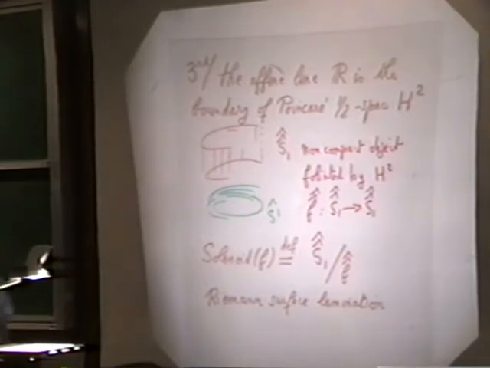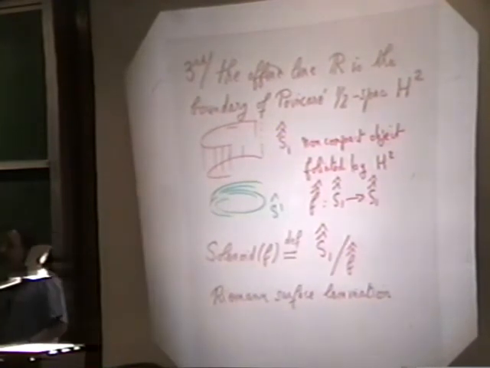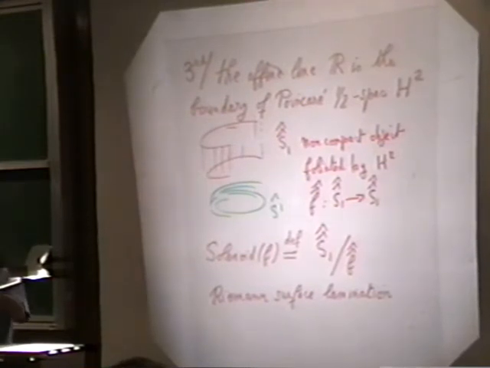So what you do is take your space S1 hat and above it, for each one of these green lines, well now you know this green line is an affine line, you put vertically a copy of the Poincaré upper half space.